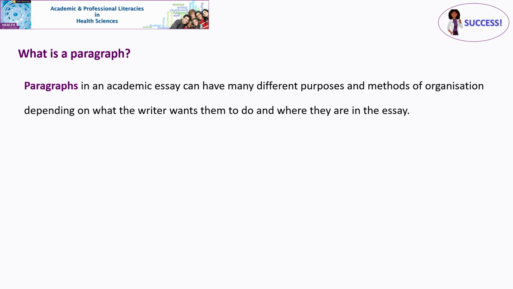And what is a paragraph? Paragraphs in an academic essay can have many different purposes. And the way that you organize them is also very important, obviously, depending on what you want out of your essay.